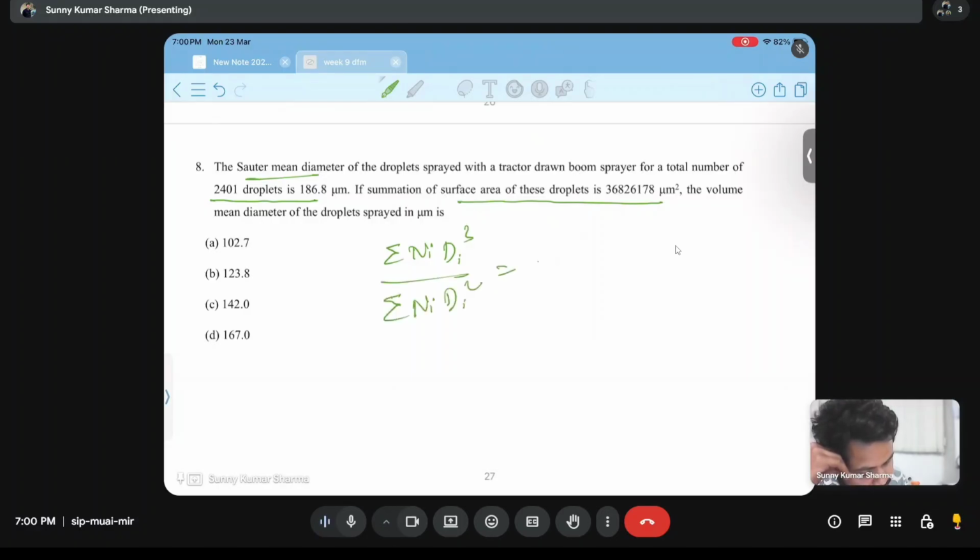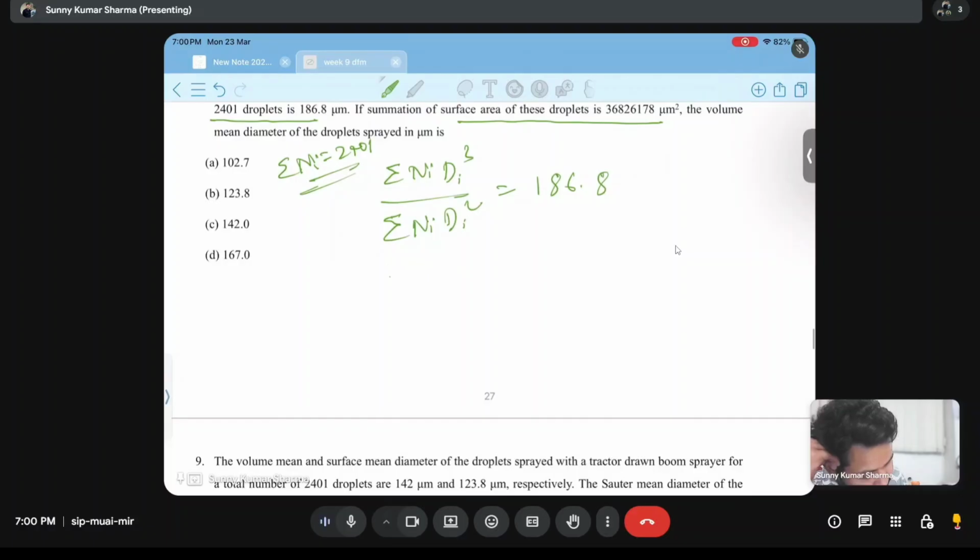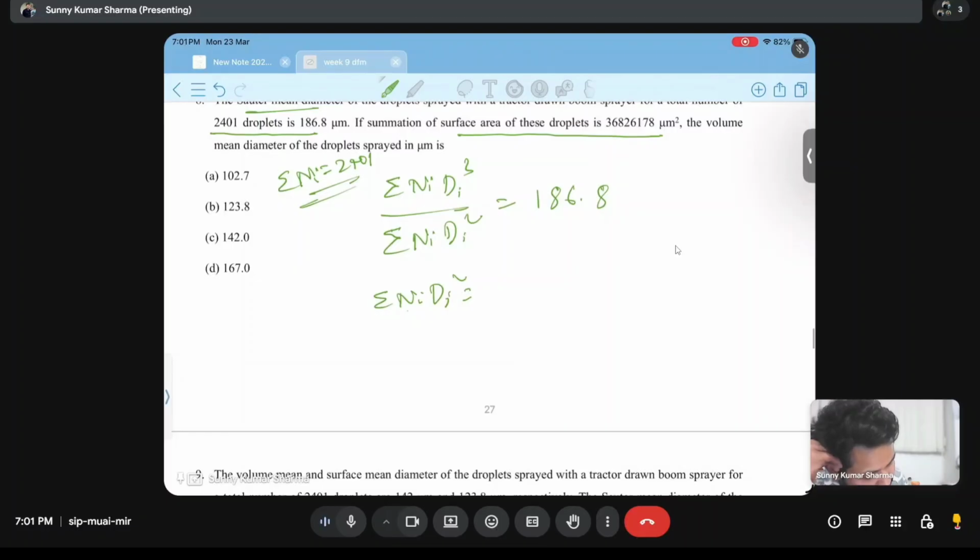This value is 186.8 and sigma Ni is the total number of droplets, 2401. The summation of surface area of these droplets is sigma Ni Di square, which is equal to 36826178.